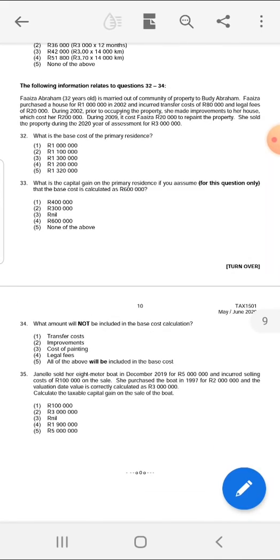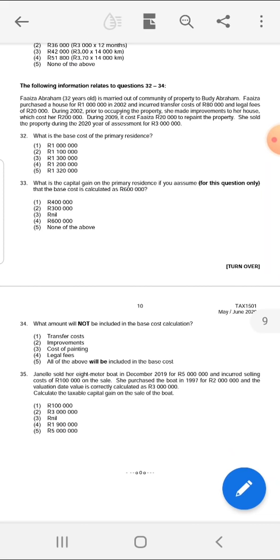Faiza purchased a house for 1 million in 2002 and incurred transfer costs of 80,000 and legal fees of 20,000. During 2002, prior to occupying the property, she made improvements to the house which cost her 200,000. During 2009, it cost Faiza 20,000 to repair the property. She sold the property during the 2020 year of assessment for 3 million.